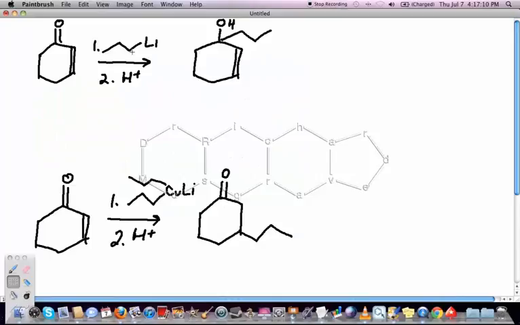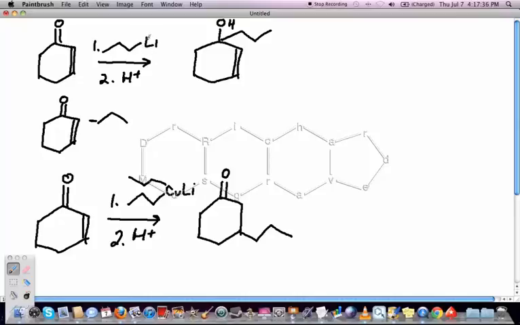Here is an alkyl lithium, and the alkyl lithium will attack at this center here, and I'll show you the mechanism for that. The CC double bond will remain unaffected by this, and we're going to treat the alkyl lithium just as we would a Grignard reagent.